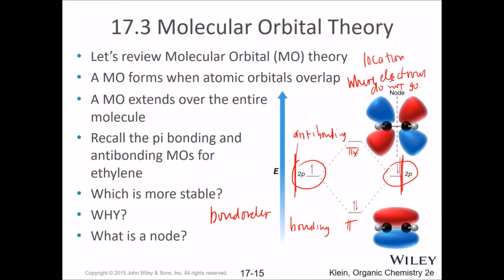The official definition is that it's a location in which the probability of finding an electron is zero. So that's what a node is, and with an anti-bonding orbital, you'll have a node. And then the bonding orbitals overlap very nicely, and it turns out that's stable and low energy.